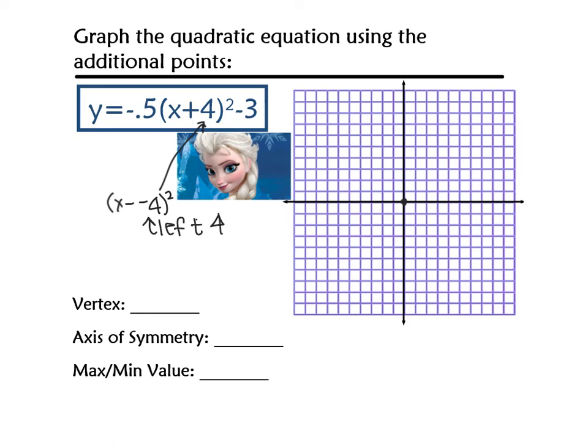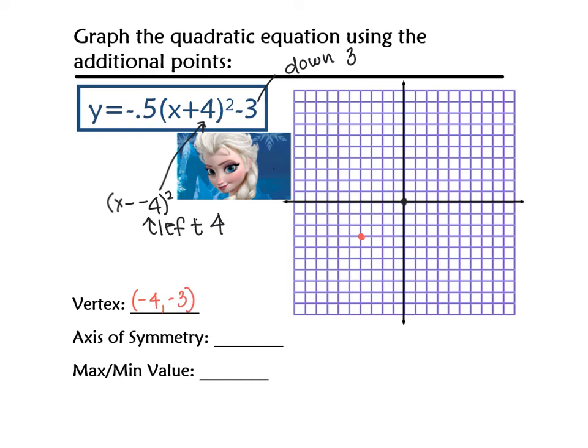For my k value, I'm seeing a negative 3, so that means down 3. And so for my vertex, I'm going to start by moving left 4 and down 3, which puts my vertex at negative 4, negative 3.